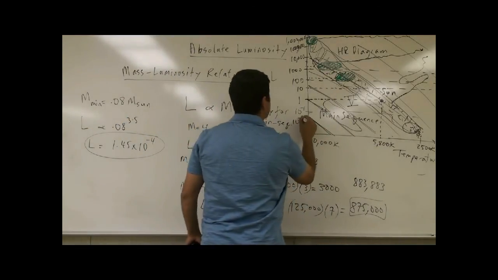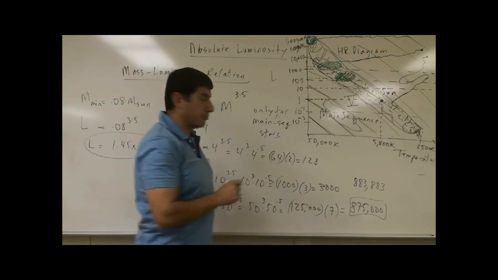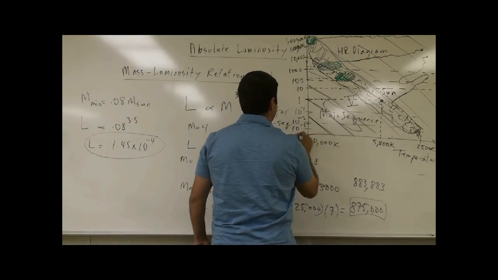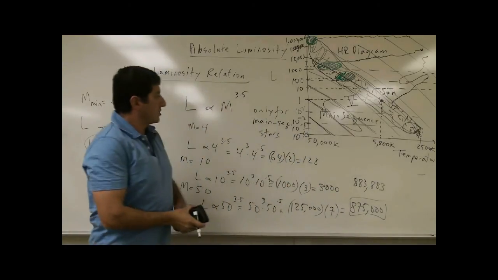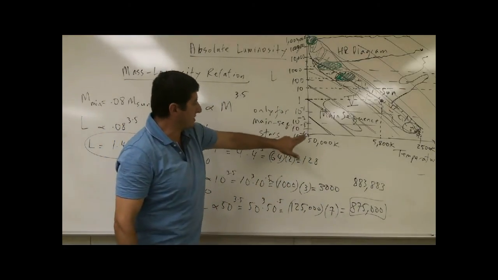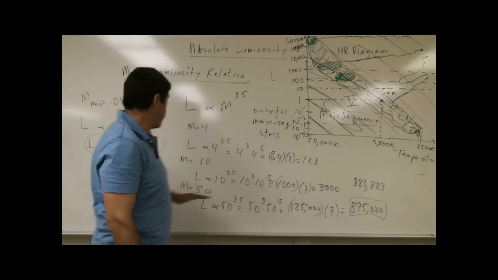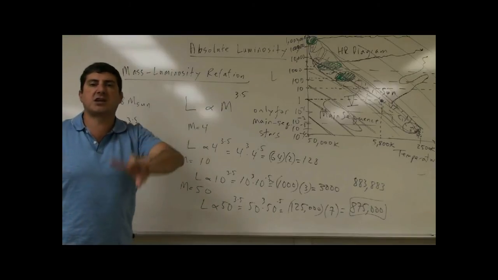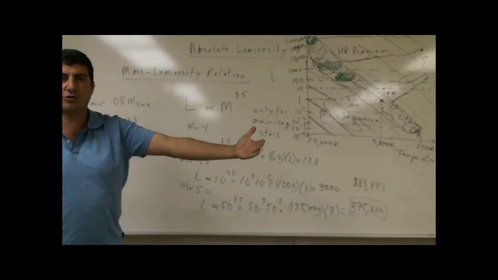This is 10 to the minus 2. Those are stars 100th the brightness of the sun. And then 10 to the minus 3 and 10 to the minus 4. Okay? So 1,000th the brightness of the sun, 1/10,000th the brightness of the sun. So roughly speaking, these low mass stars will be about 1/10,000th as bright as the sun. The other way you can say it is the sun will be 10,000 times brighter than those stars.